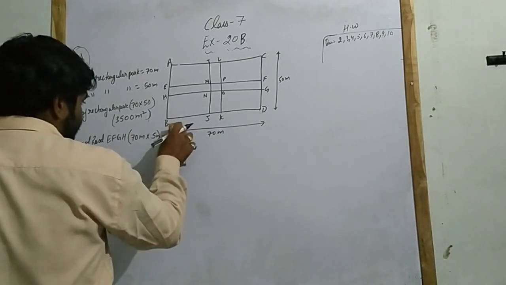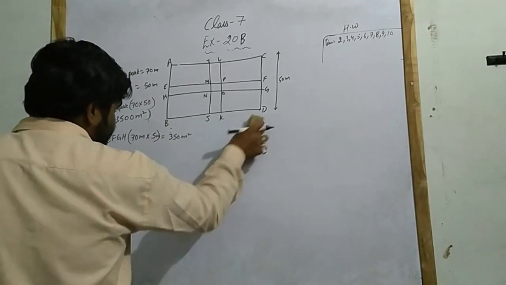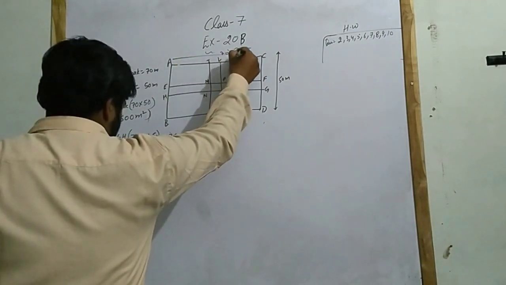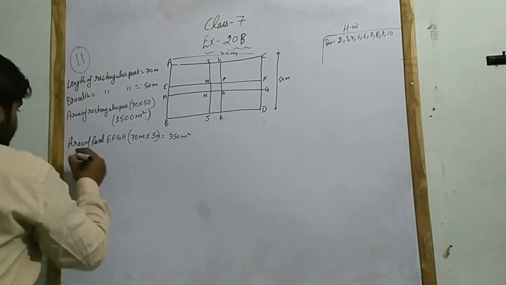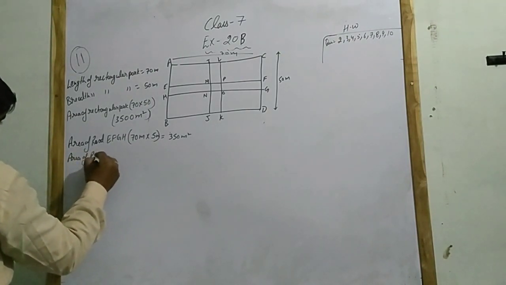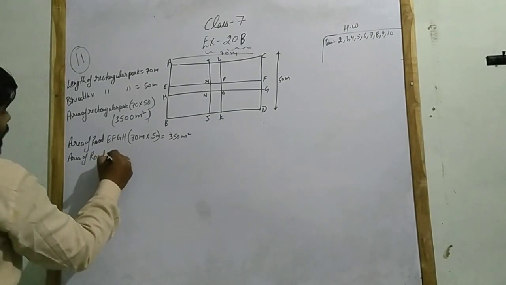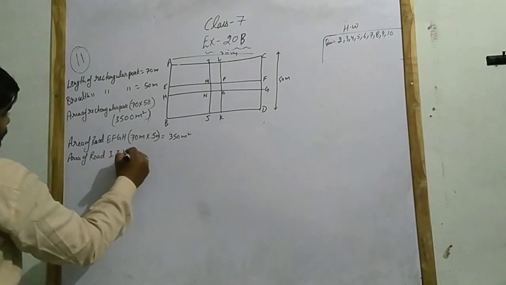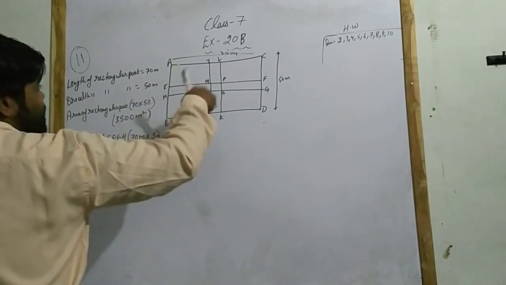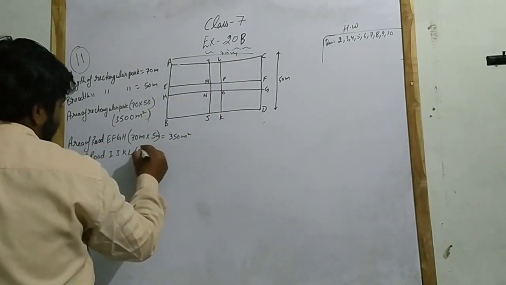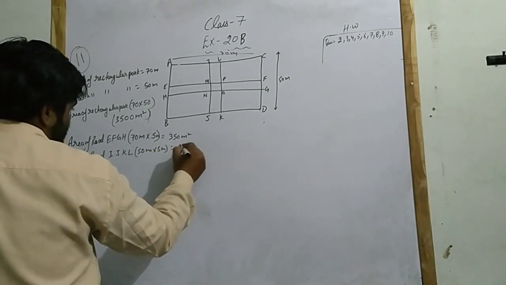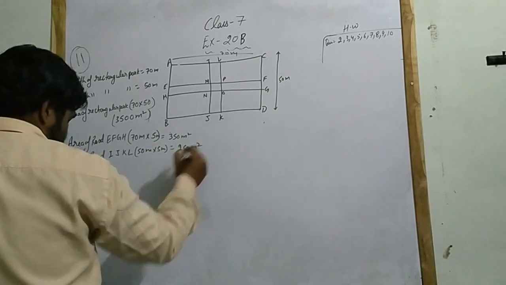After that, area of road IJKL is 50 meter multiplied by 5 meter, which is 250 meter square.